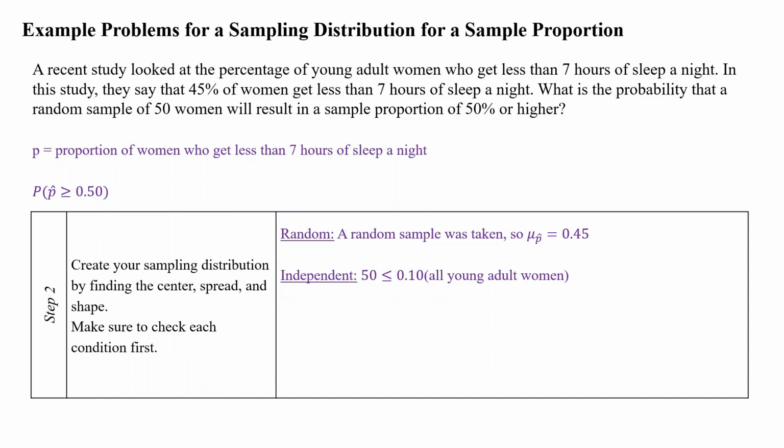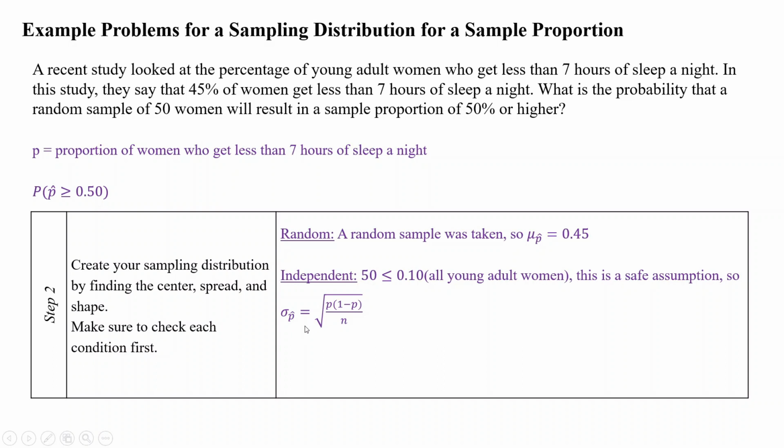There are a lot, right? So we set up our 10% condition: 50 is less than or equal to 10% times all young adult women. So I just put into words what our population is, and we're going to call that a safe assumption. 50 is less than 10% of all young adult women, that's pretty safe to say, right?